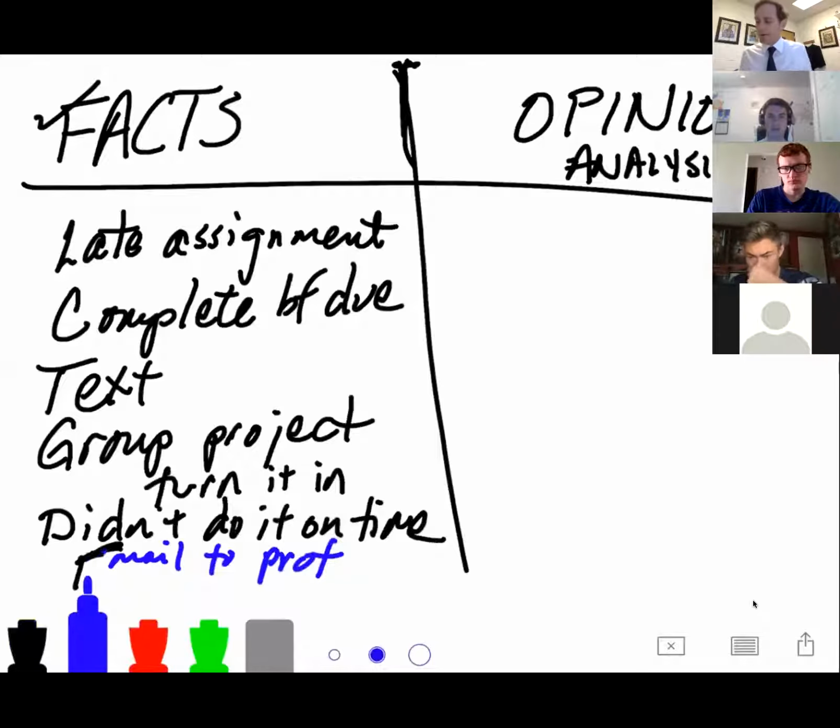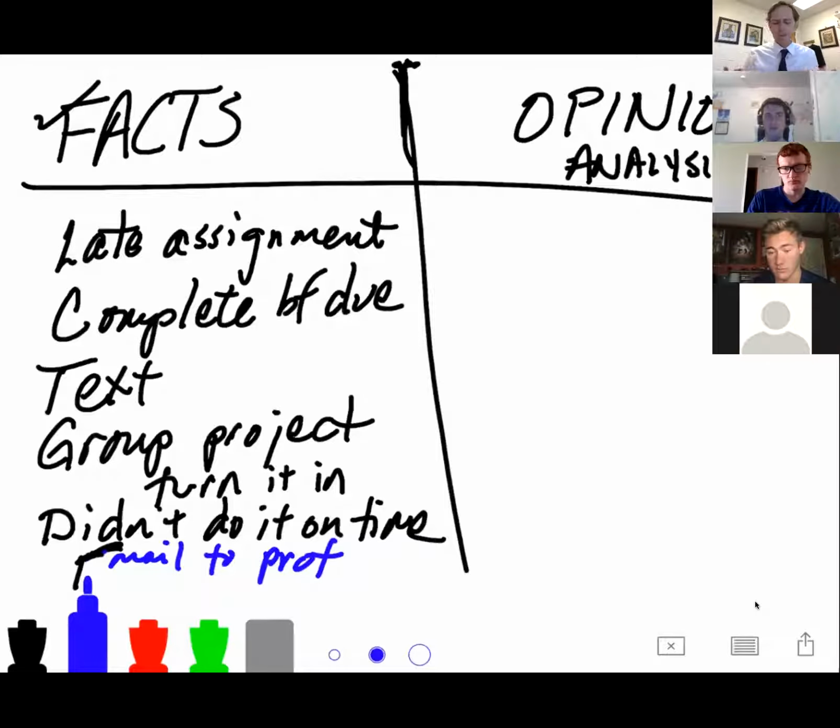Well, let me ask you, instead of talking about the email right away, let's talk about your opinions on what Hailey did. Now that we've got the basic fact pattern, we're missing a couple things, but we've got the basic fact pattern here.